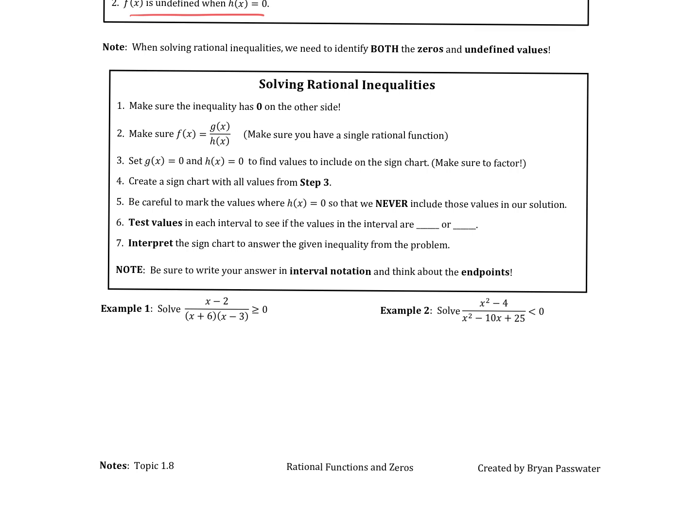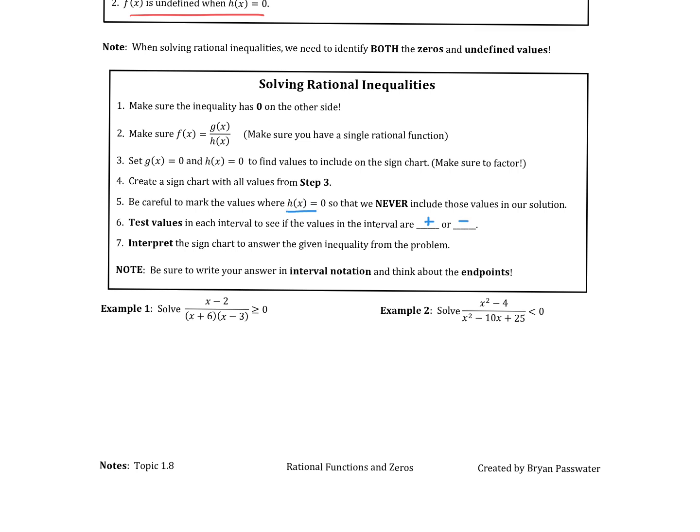We're going to make a sign chart just like we did when we went over 1.5. Create a sign chart with all the values from step 3. Be careful to mark the values where h of x equals 0 so that we never include those values in our solution. Test values in each interval to see if the values in the interval are positive or negative.